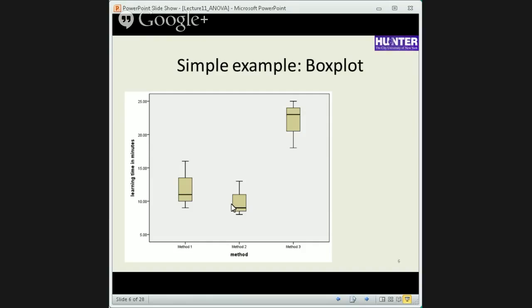So you can see right away that it looks like there is some difference between these 3 methods. The question will be, is that much difference enough to have just occurred by chance, or is it evidence that this in fact results in slower running times.